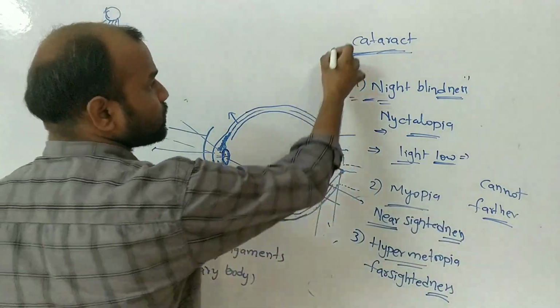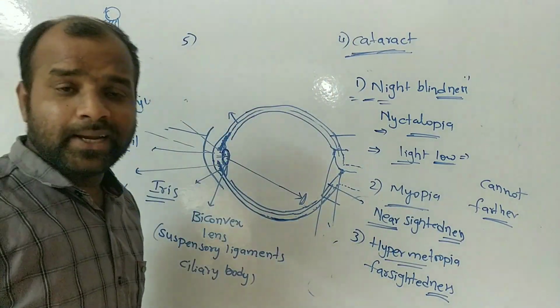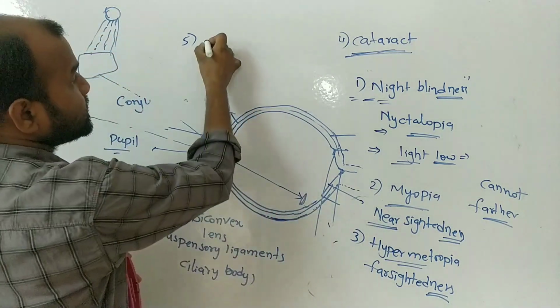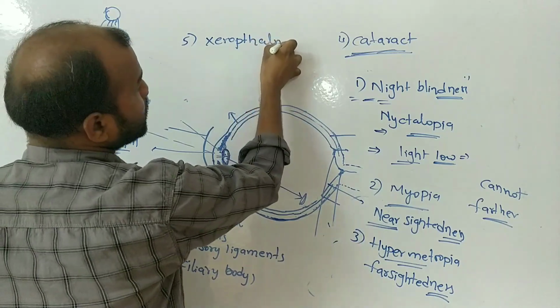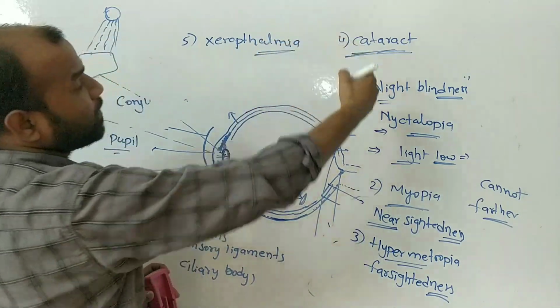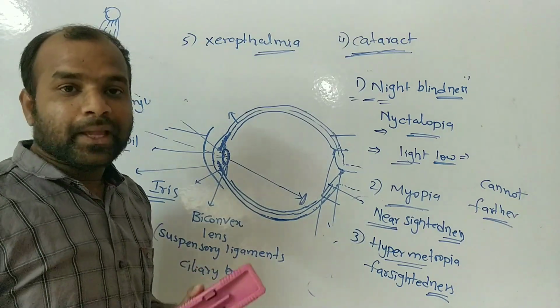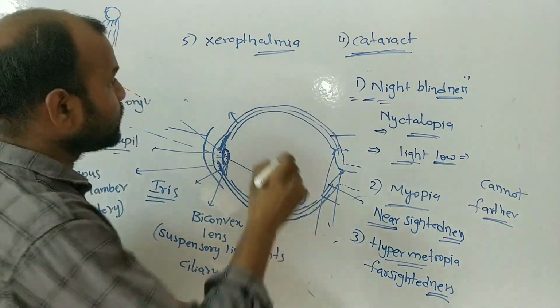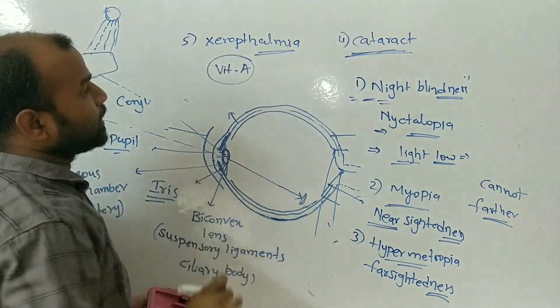The next disorder is called xerophthalmia. It is also an important disorder of the eye. Xerophthalmia is a disorder due to vitamin A deficiency itself.